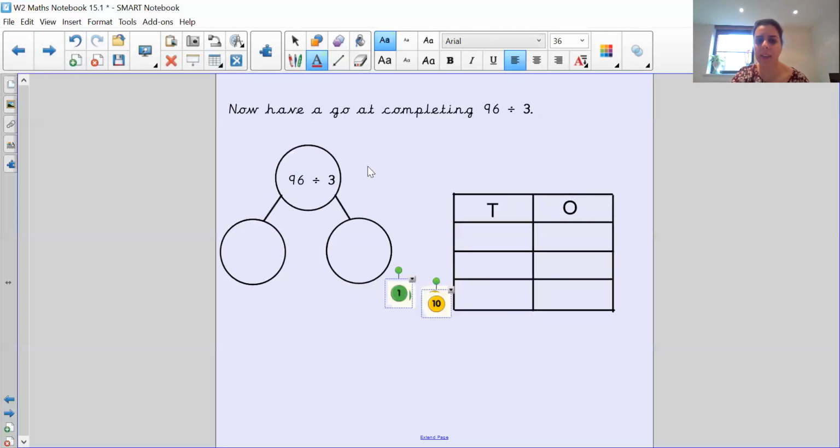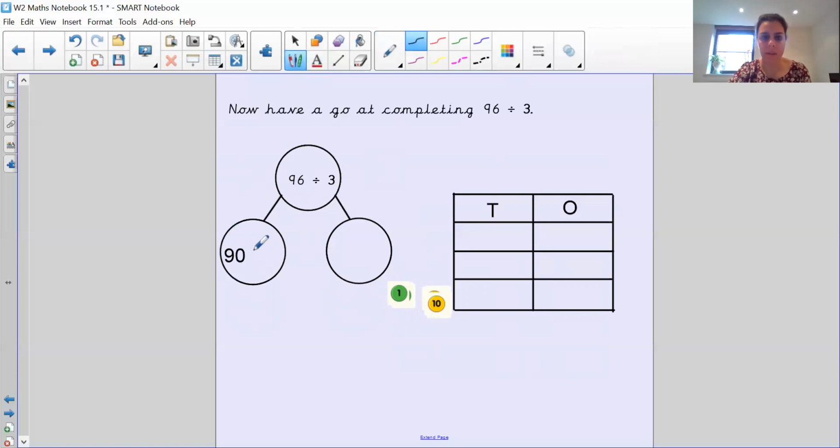Okay, so then we had 96 divided by 3. So you need to think about how I'm going to partition 96 to help me. So we do our tens first. So I've got 9 tens. So my question over here is going to be 90 divided by, and again, it's 3.